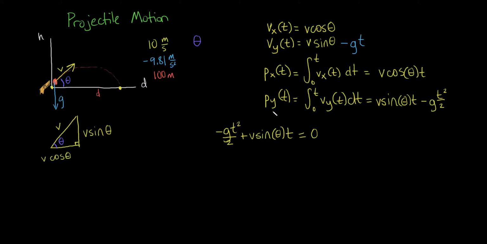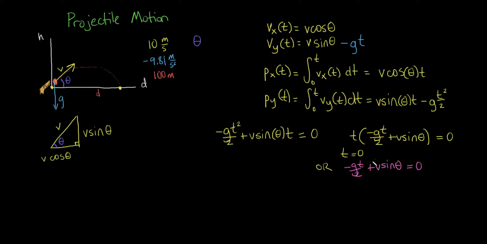If we set this equal to 0, we can do some factoring. We can take the t out, and you get negative gt over 2 plus v sine of theta equals 0. So we have either t equals 0, or we have the second option, which is the option that we want: negative gt over 2 plus v sine of theta equals 0.